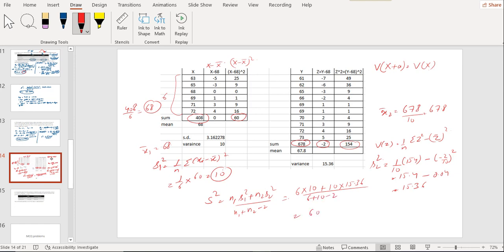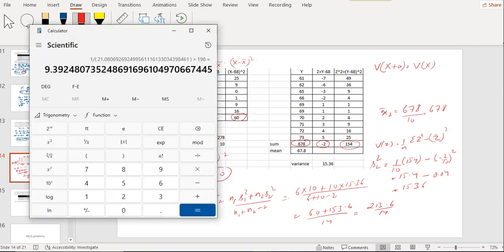So it is 60 plus 153.6 upon 14, that is 213.6 divided by 14. If we calculate it, its value is 15.257, and if we take its square root, it is 3.906.